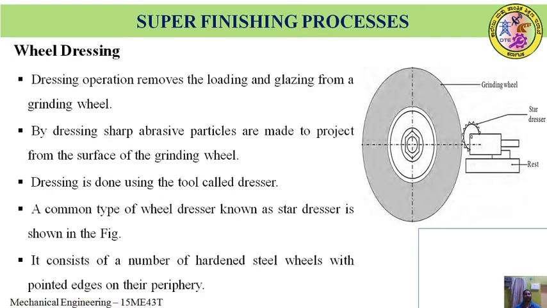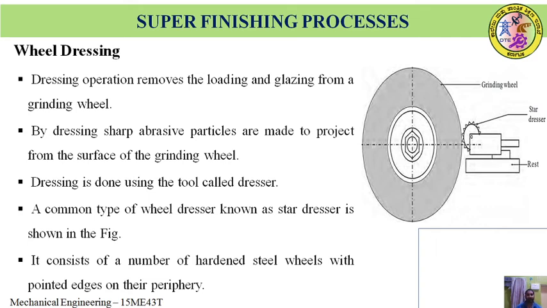Wheel dressing. Dressing operation removes the loading and glazing from a grinding wheel. This is nothing but sharpening of the grinding wheel. Due to continuous grinding, the sharp corners of the abrasive particles lose their sharp edges. So in order to bring back the sharp edges, we are dressing the outer surface of the abrasive particles so that the sharp edges again come into contact with the workpiece in order to remove the material.